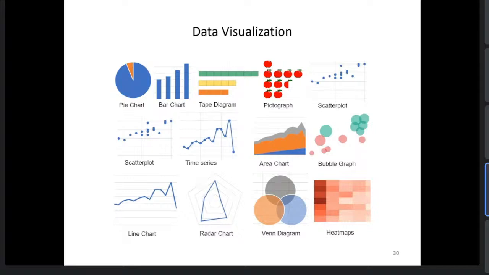We do not need to use all the methods, but for a particular research work, we may like to have a scatter plot of the data, or maybe we can use a pie chart. So there are many methods. Some samples are shown here for perception. Now move to the next slide.